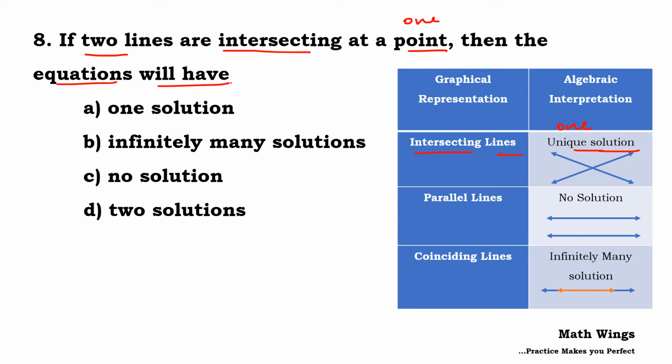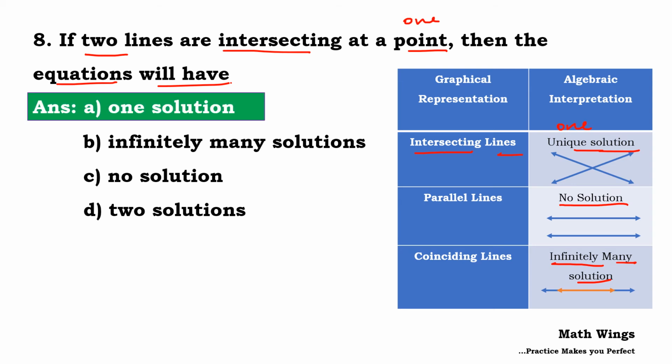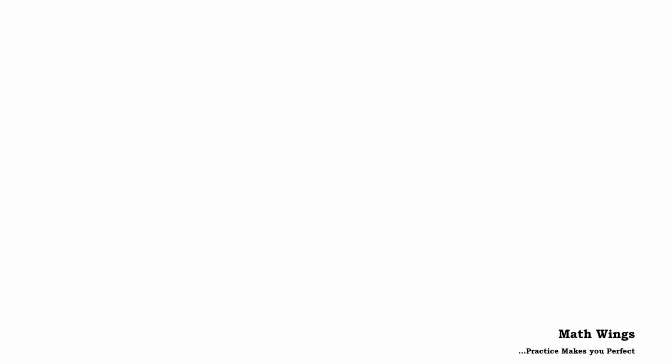When we have parallel lines, there is no solution, as well as when we have coinciding lines, we'll have infinitely many solutions. Therefore, here the answer is option A, only one solution, which is the direct question. So you can select the answer here.